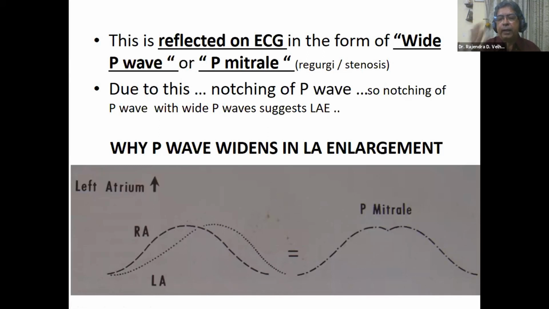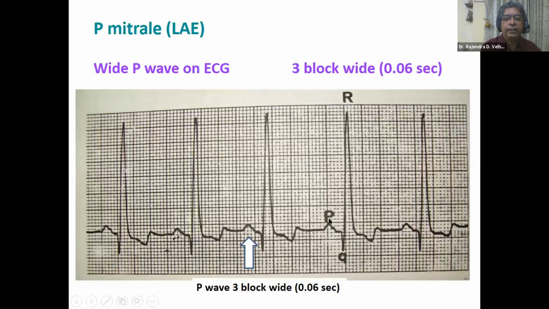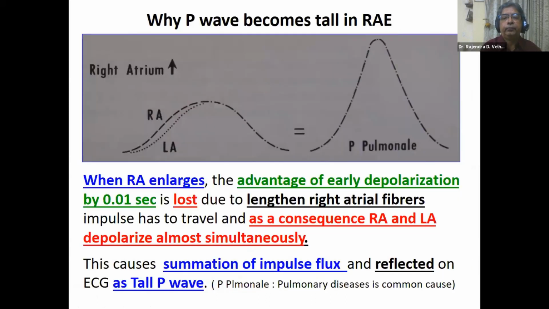When you say P mitral, it's a wide P wave, because normally mitral valve issues like mitral regurgitation or mitral stenosis are responsible for the left atrial enlargement. So the wide P waves signify left atrial enlargement. Now suppose in this particular ECG, if you calculate the P waves, they are 3 blocks wide, that is 0.06 seconds. So it is a case of left atrial enlargement.